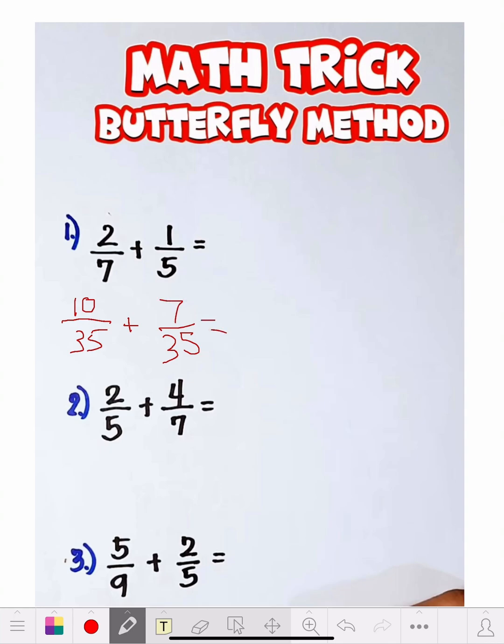So it would equal 17/35. That's how I normally would have done it. It's just trial and error. You start with the 7 and you go to 14, 21, 28, 35, and you're looking for a number that both of them will go into.